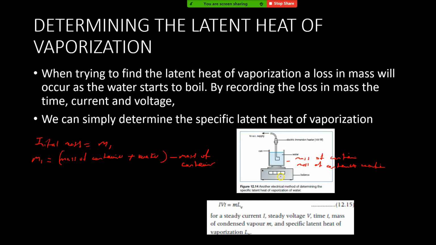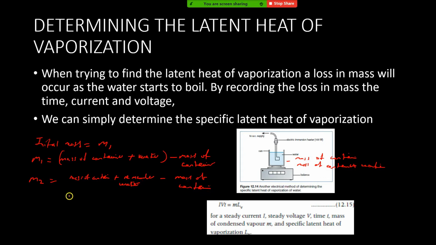Obviously, that mass that you record would not be the exact mass of the water. It would be the mass of the container and the water. So you would then have to go back to find M2 by saying the mass of the container plus the remaining water, minus the mass of the container again, right?